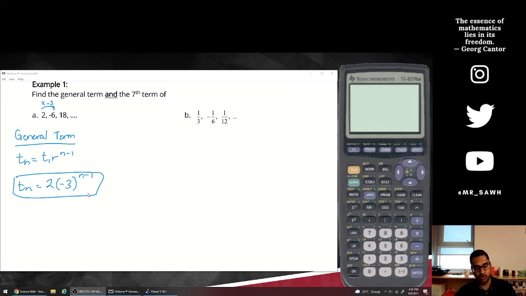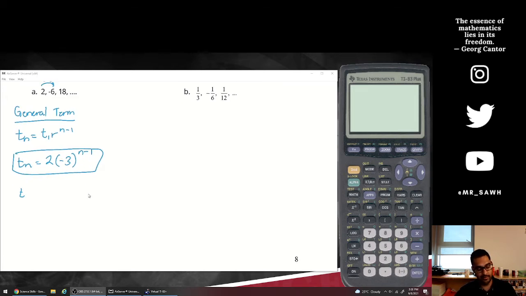So let's go find the 7th term now, knowing that. T7 is going to equal 2, there's my ratio minus 3, in the exponent 7 minus 1. We can calculate that 7th term by doing 2 times negative 3 to the power of positive 6. So your 7th term is 1,459, I believe.